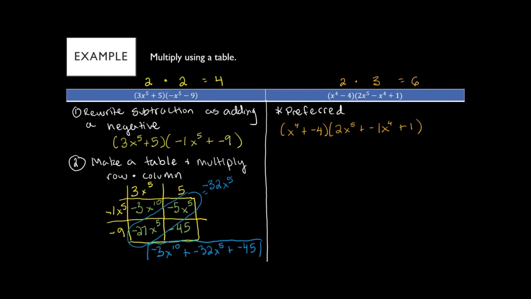And then we make our table. And it's going to be a rectangle because we're not multiplying things of the same size. So you can either have 2 columns, 3 rows, or 2 rows, 3 columns, whichever way you want to do. In this case, I'm going to put the second thing on top just because it takes up a little less space, but it really doesn't matter.